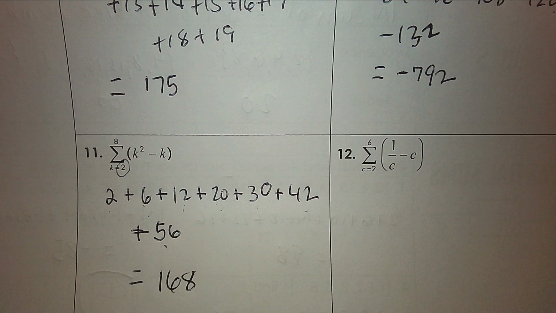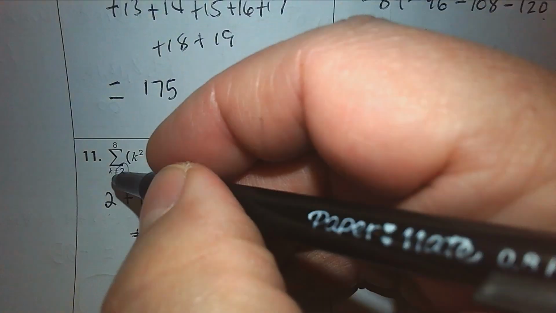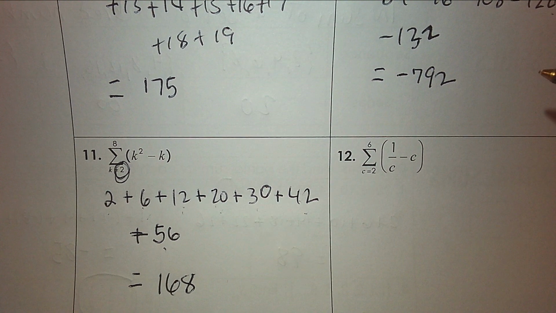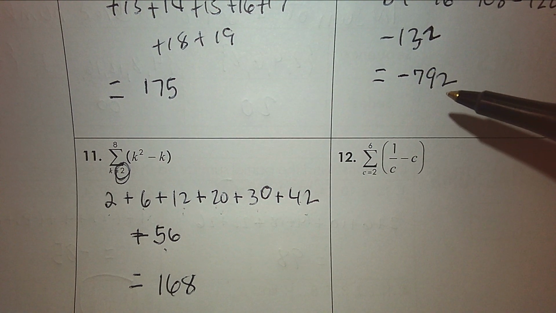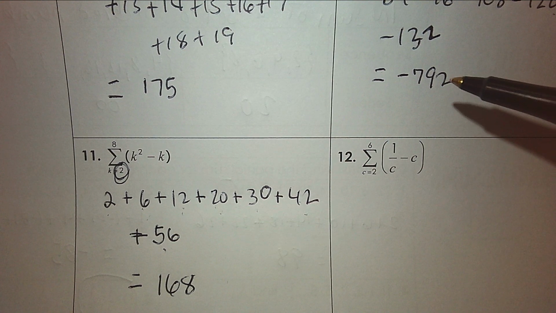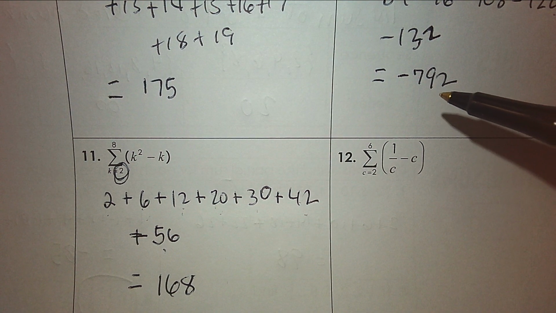Okay. The bottom number tells you where you start. The top number doesn't tell you how many terms there are. It tells you where you end. The bottom tells you where you start, and the top tells you where you end. All right, number 12.